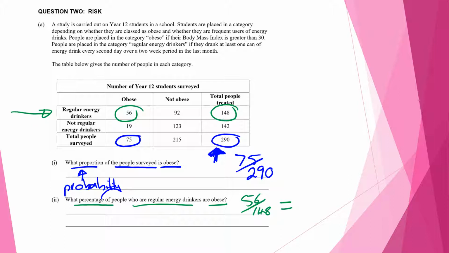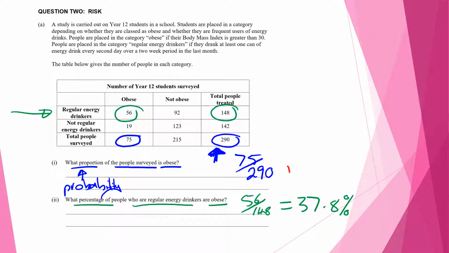So just pop that into your calculator and multiply by 100, and that's going to be 37.8%. You can round that appropriately. So you could round that to 38%. Possibly you'd get away with 37%, although that's not really appropriate in this case.